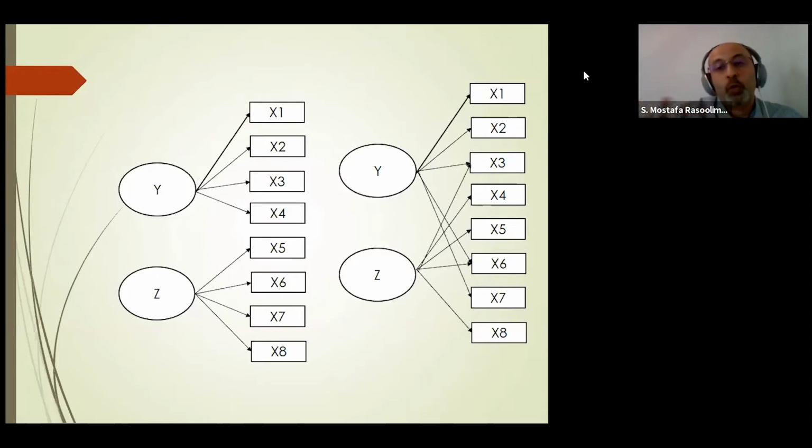You don't know among x1 to x8 which items belong to y and which items belong to z. So you don't have any literature to support it, right?